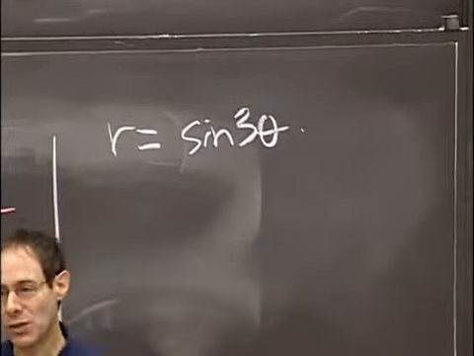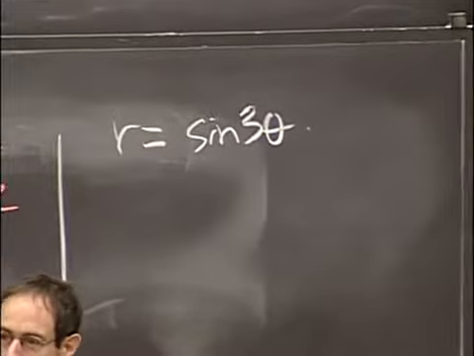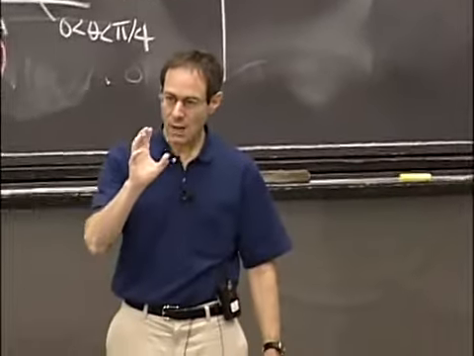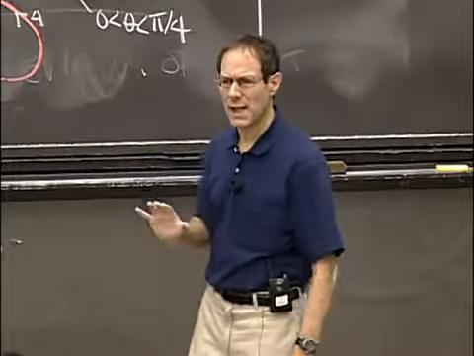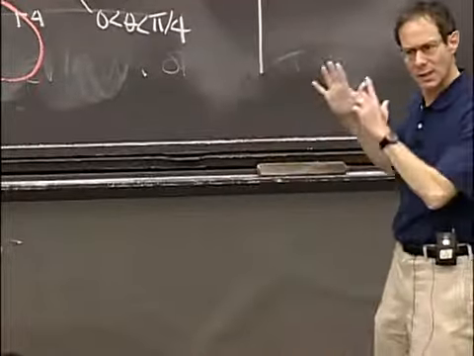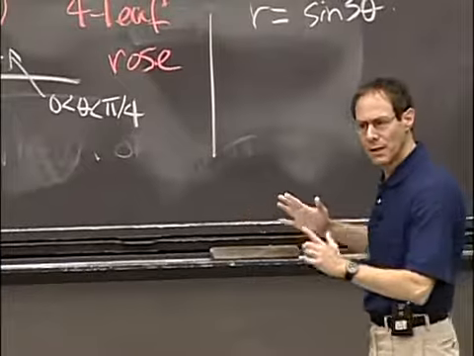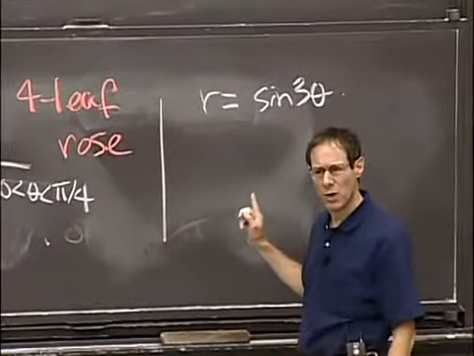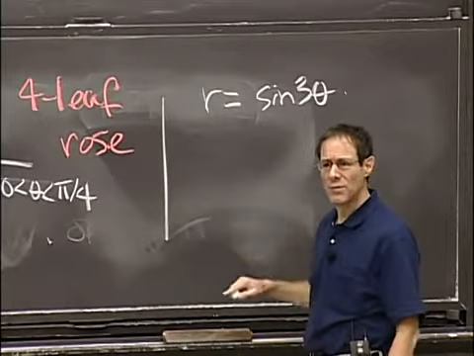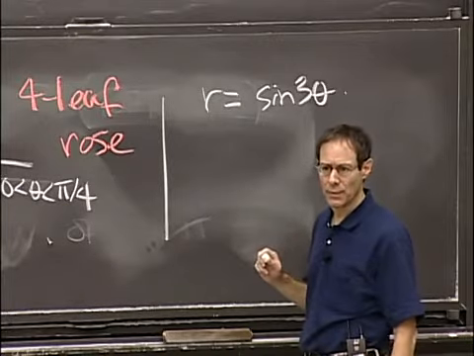I think the fair answer is, if it's this complicated, I only have 2 possibilities. I can give you a long time to sketch this out and think about what it does, or I can tell you that it happens to be a 3-leaf rose. And then you have some clue as to what it's doing.